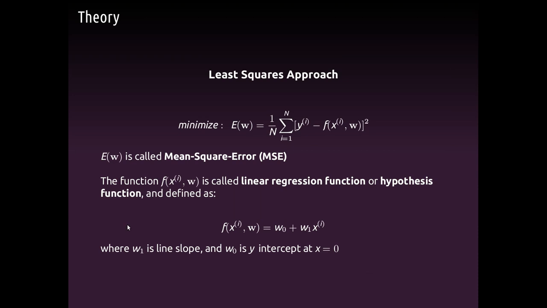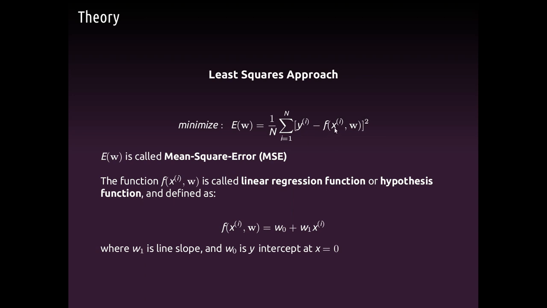So now let's put it more formally or more mathematically. We have this least square approach, and we want to minimize this error function here. We know now that y super i represents the true values, and f of x super i and w represents the line itself that we try to find. And the goal is to find the list of coefficients that can minimize this error function.